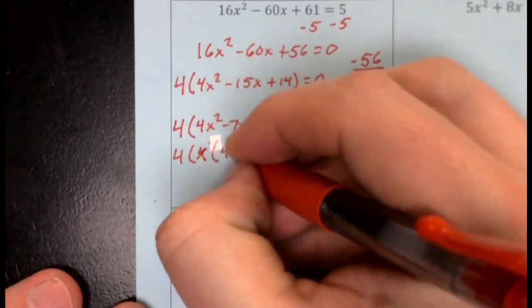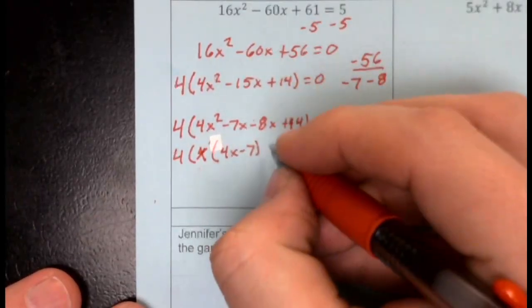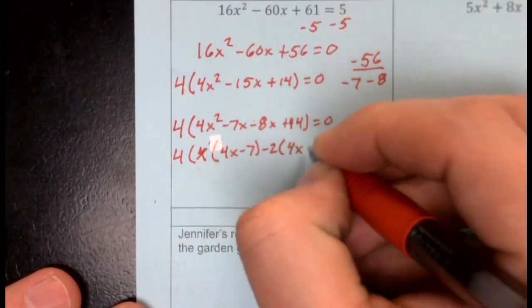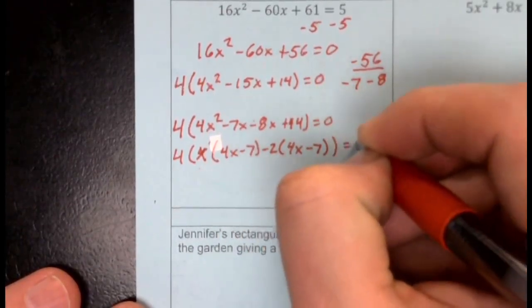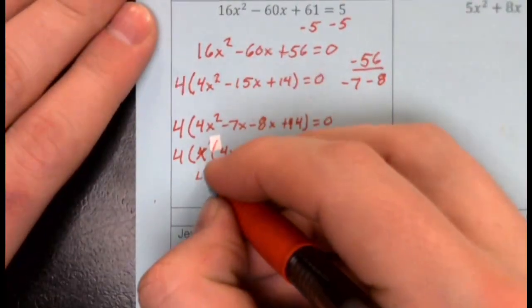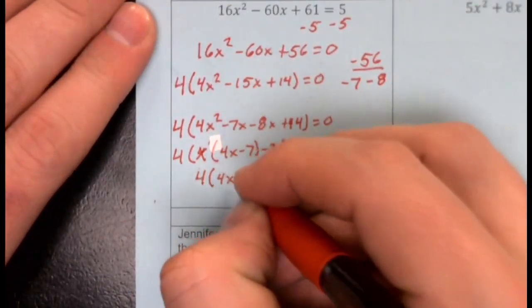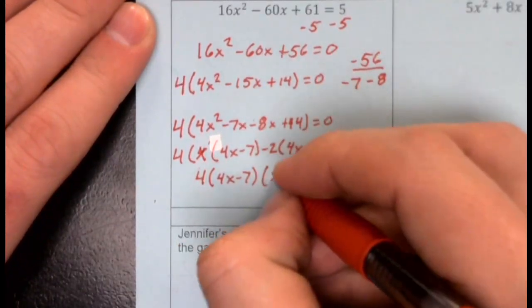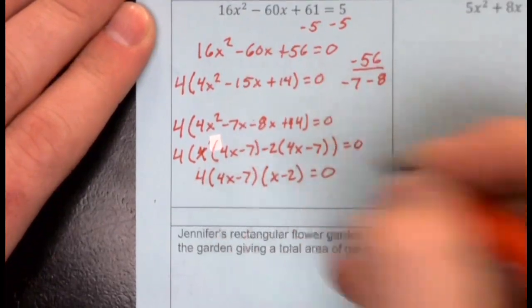That leaves me a 4x minus 7, which means I need to take a negative 2 to get a positive 4x and a negative 7. That leaves a 4x minus 7, and an x minus 2 is equal to 0.